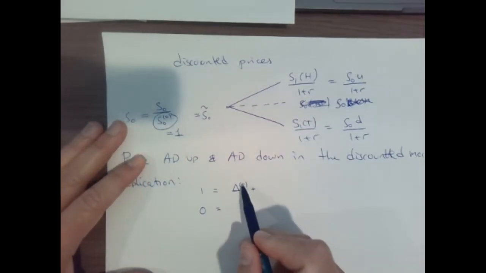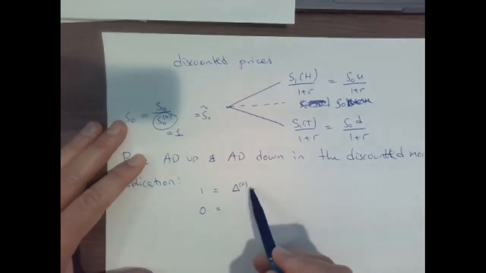So if we have that many units of the dotted security, it won't change over time.